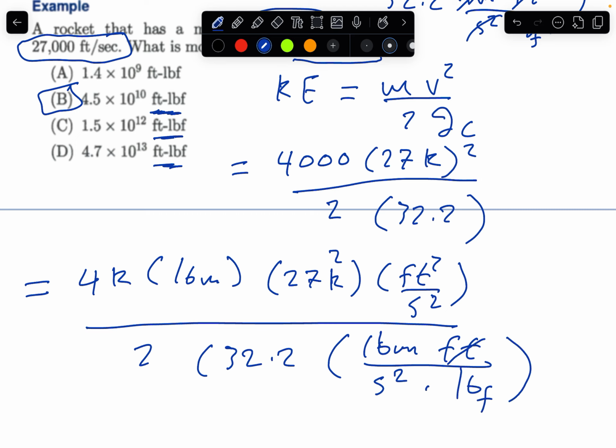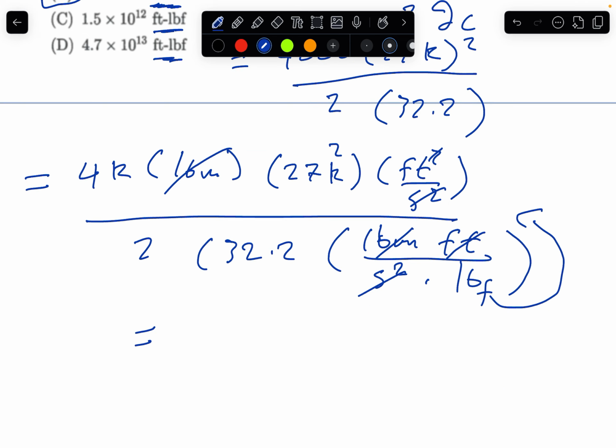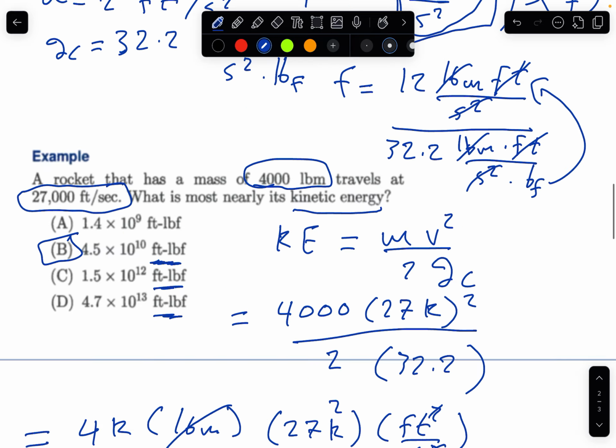So that will cancel with one of those, and that with that, and we will end up with 4.5 times 10 to the power 10, and it will be foot pound force.